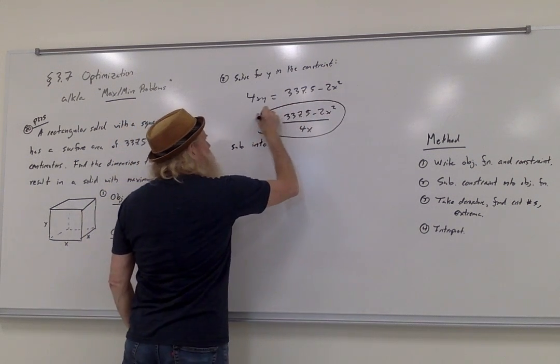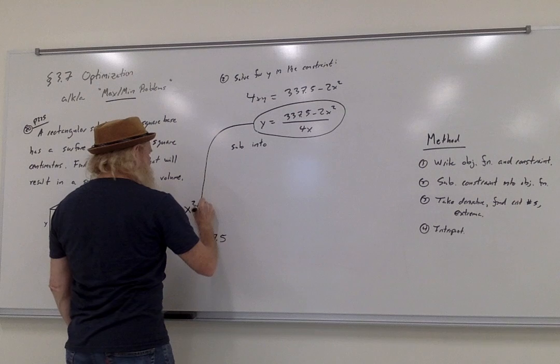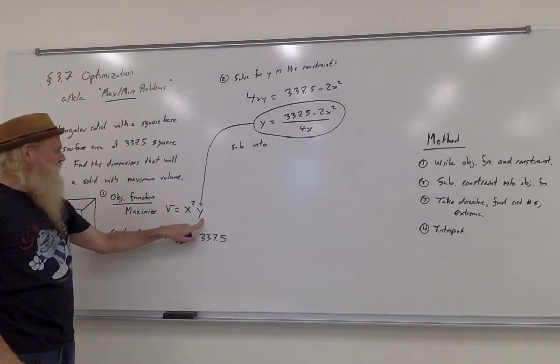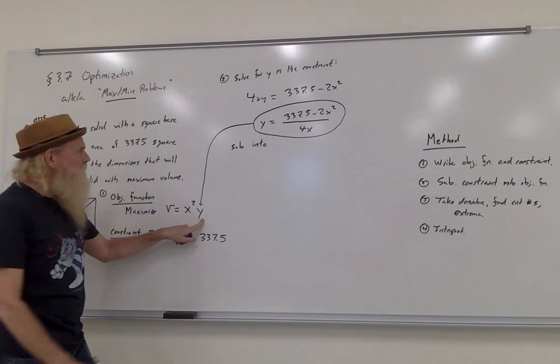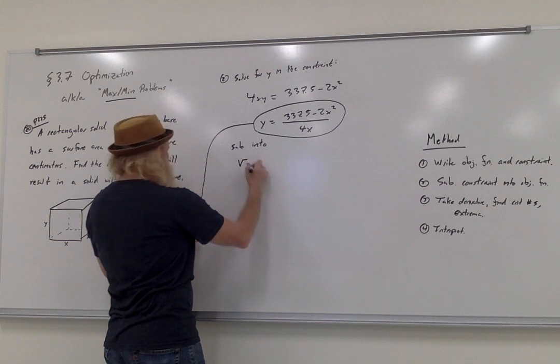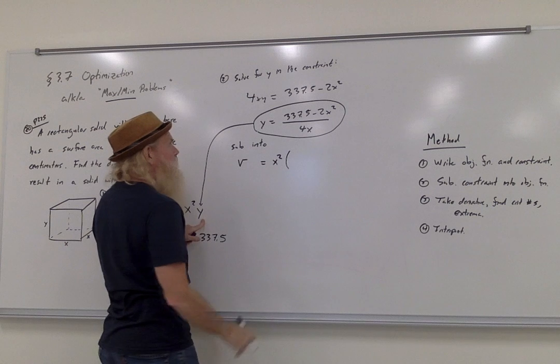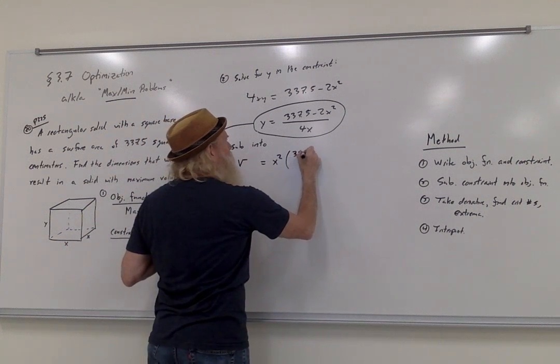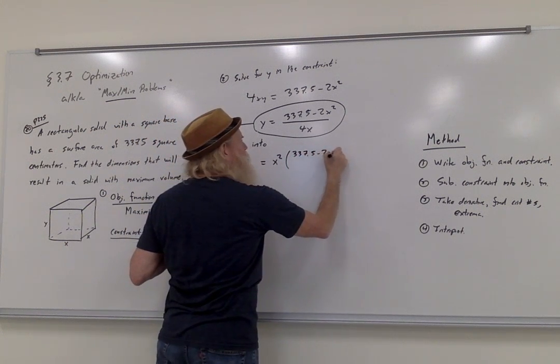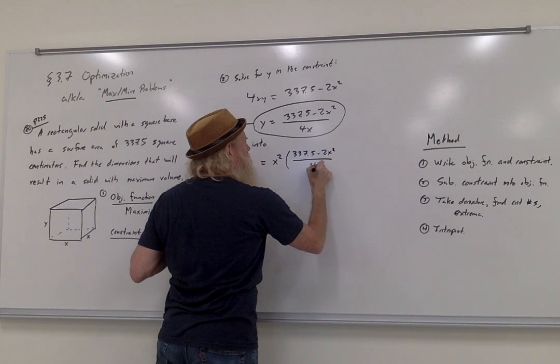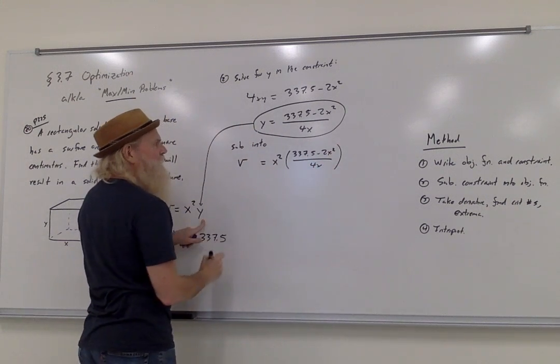And then we want to substitute this in for the y in the objective function. So we have V equals x squared times 337.5 minus 2x squared over 4x.